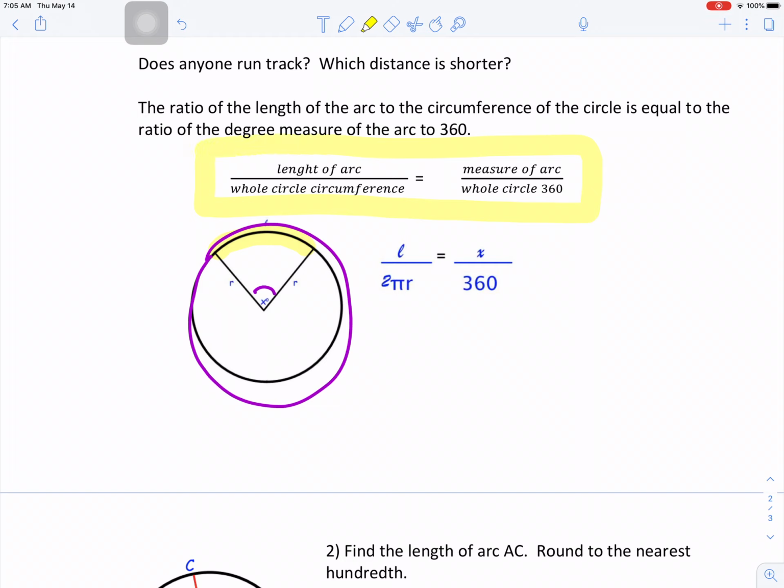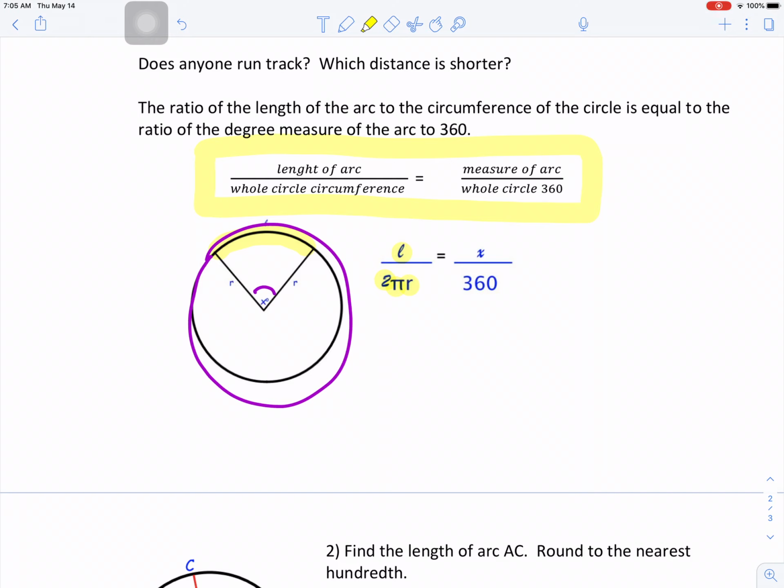Now, you might say to me, oh, do I have to memorize this? Honestly, if you understand the ratio, you won't have to memorize it because it will be natural to you. However long this arc is, the length of the arc is a part of, that's why it's in the numerator, 2 pi r. 2 pi r is the circumference of a circle, the distance all the way around.